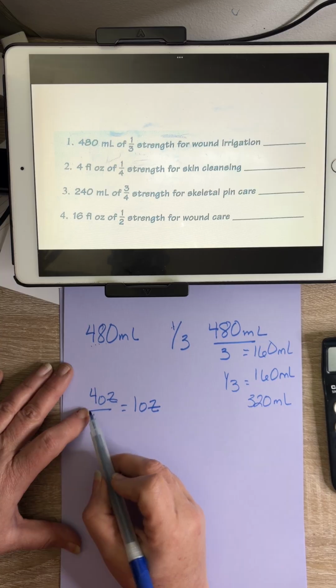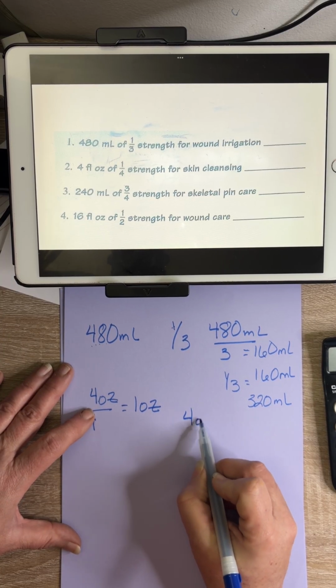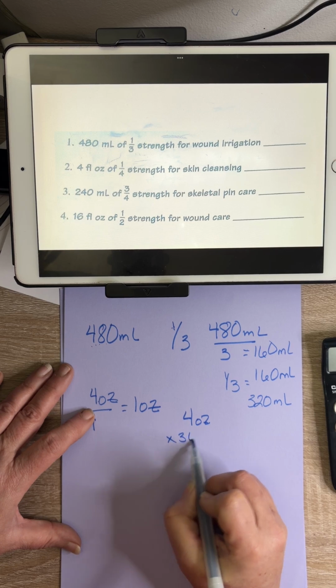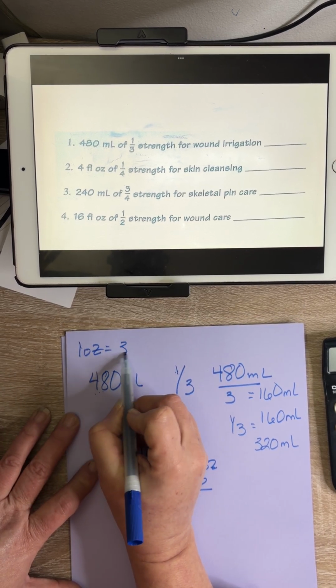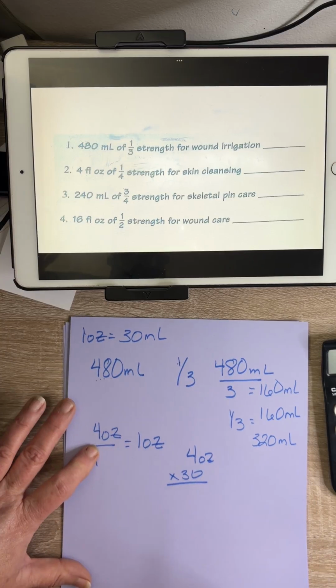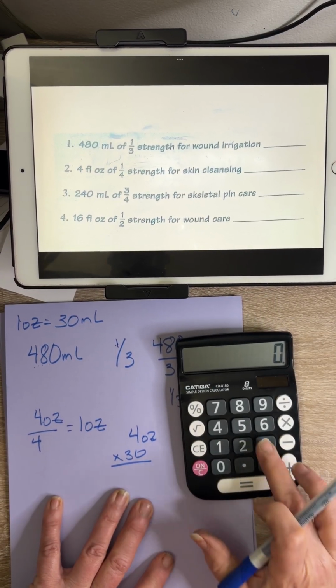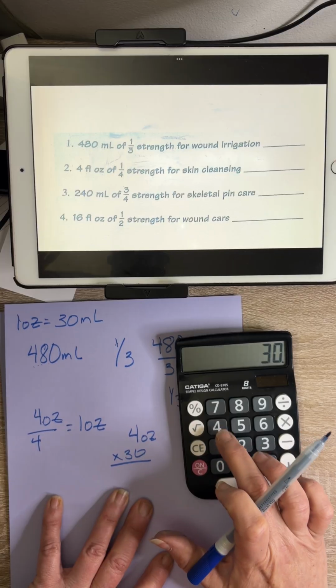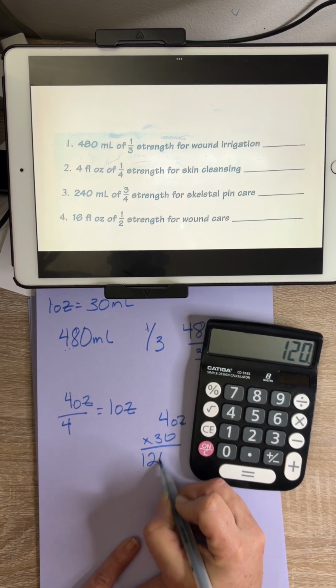If they wanted milliliters, you would have to multiply 4 ounces times 30 milliliters. Why? Because 1 ounce equals 30 milliliters. You got to know that. So if they wanted to know how many milliliters you had to use, you do 30 times 4, which would be 120.